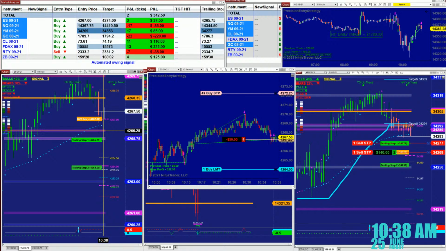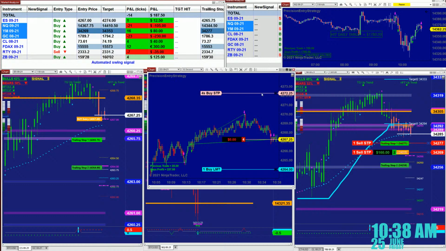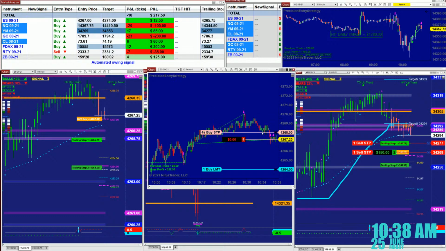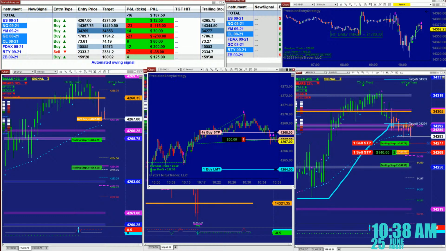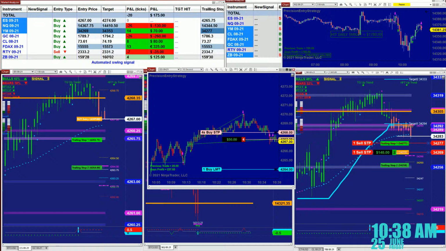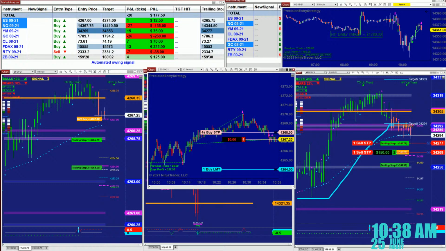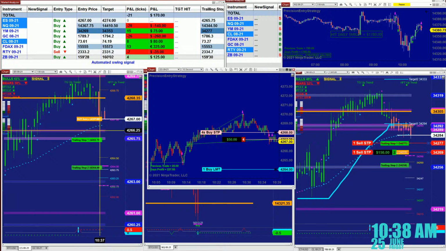In that situation, when I see a trade like this, I want to cover it as soon as possible, and I want to exit it at minimum, because this one here might go all the way to 42.66.